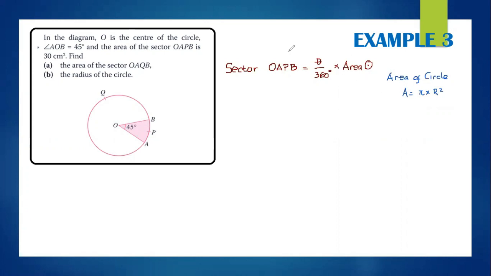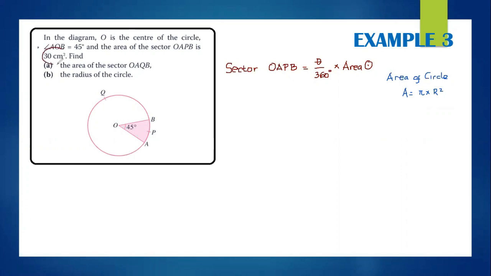Okay. As we know, the area of sector OAPB, based on the question, is 30 centimeters square, right?